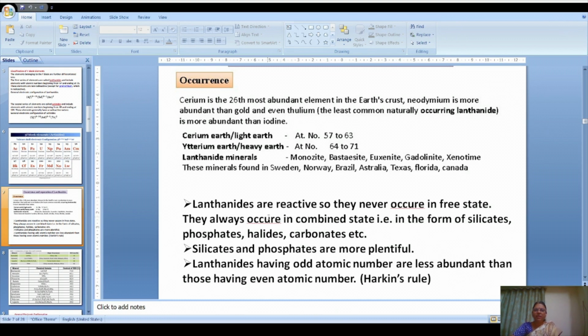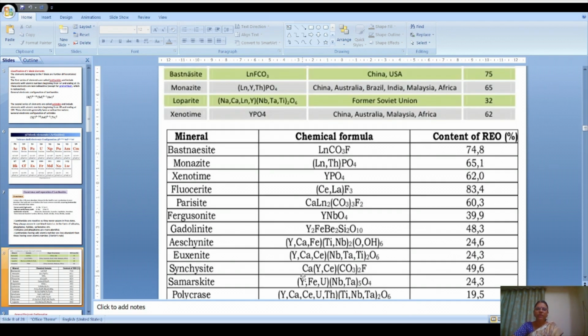Lanthanides are reactive elements, so they never occur in free state. They always occur in combined state in the form of silicates, phosphates, halides, carbonates. Silicates and phosphates are more plentiful, and as per Harkins' rule, lanthanides having odd atomic number are less abundant than those having even atomic number.